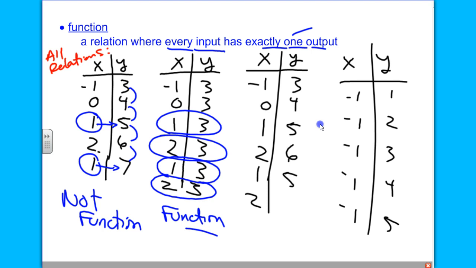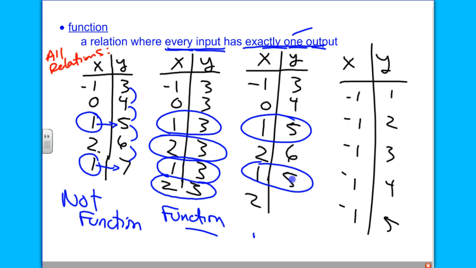So let's remember the definition. Does every input have exactly one output? So I have -1, 3. Is there another -1 input? No. Okay. 0, 4. I have 1, 5. Is there another 1 input, and does it have exactly the same output? So is this a function? Yes. Right now, there's nothing to say it's not a function.